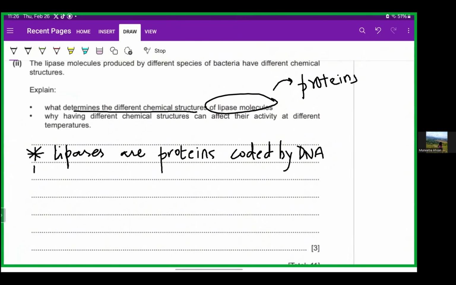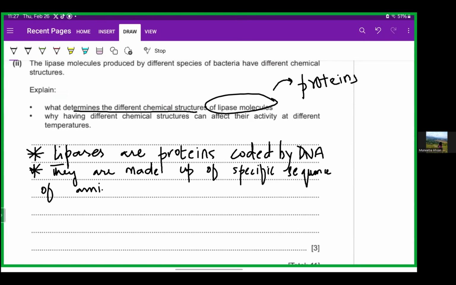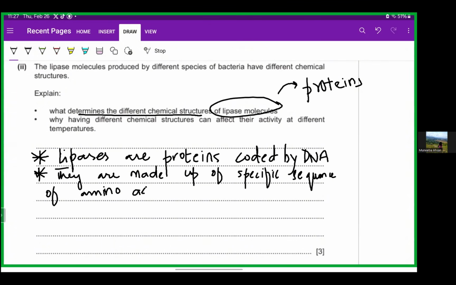Secondly, you should write that they are made up of specific sequence of amino acids, right? Okay.